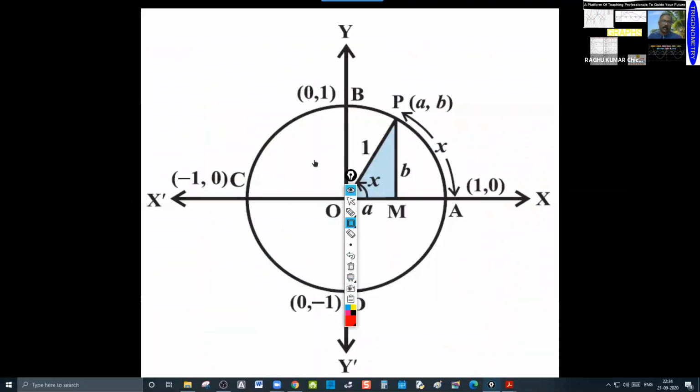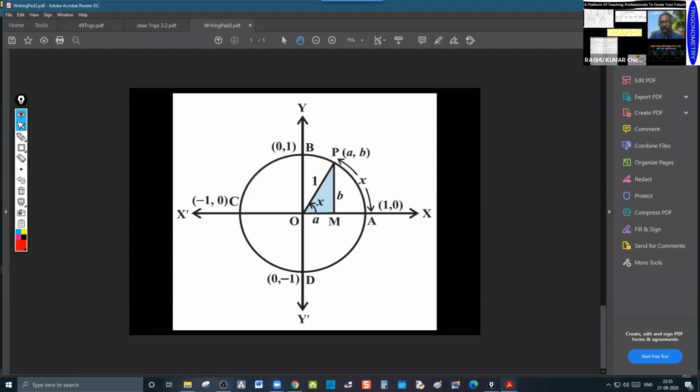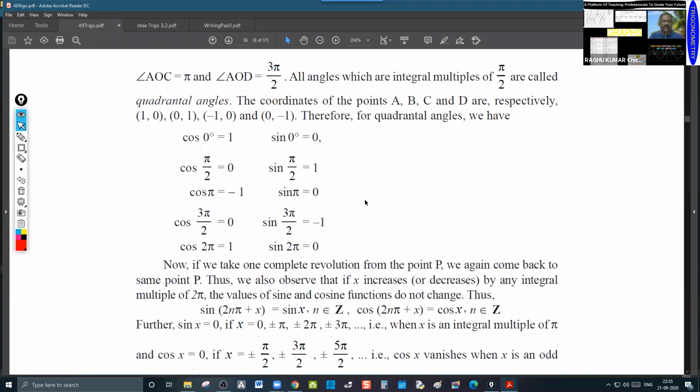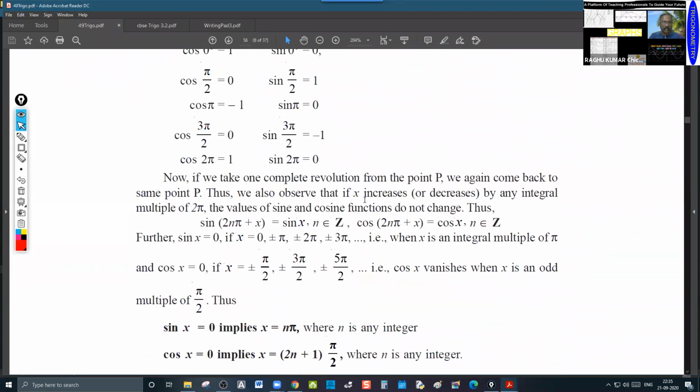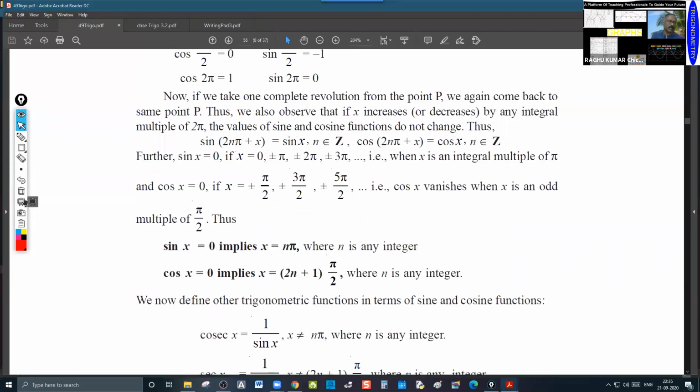Now, that is the explanation you can have from this diagram. Now let us see other parts of it. We will be learning that in the next session. Just recollect it, please.